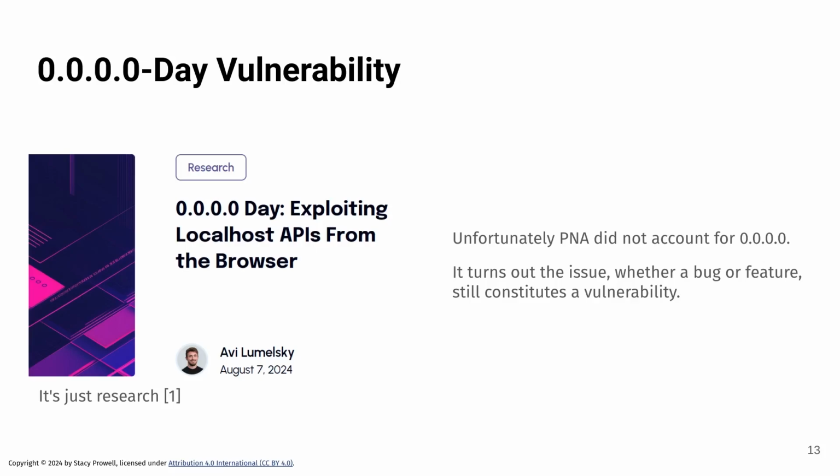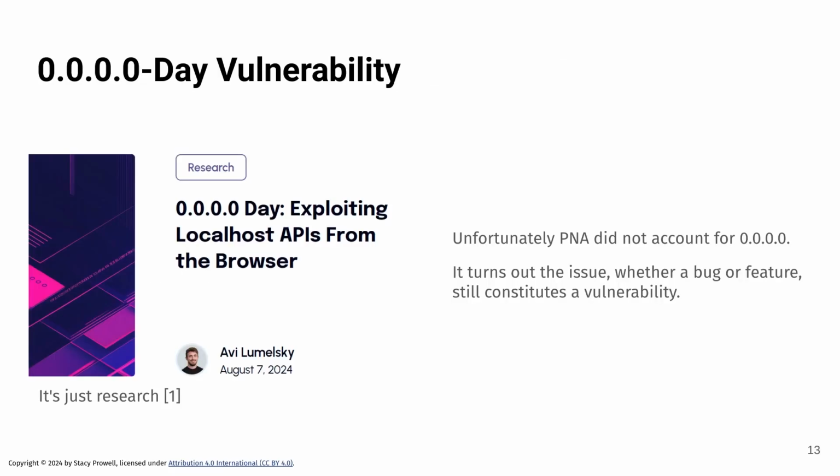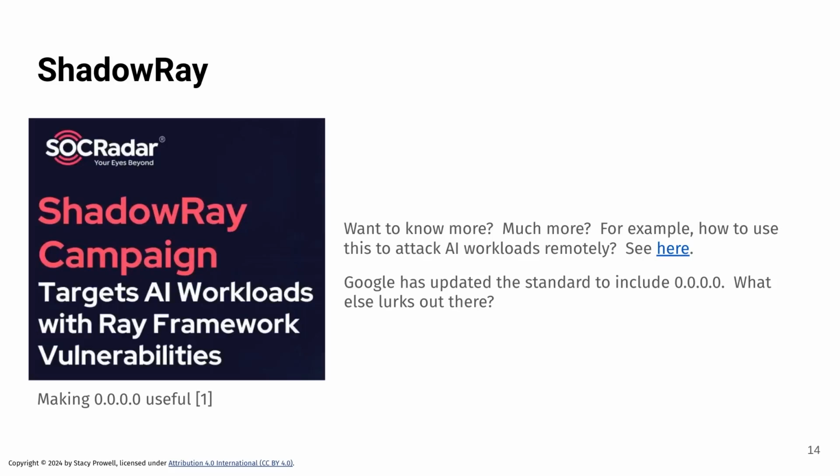And so it turns out the issue was actually a security issue. Was it a bug? Still not sure, but definitely a vulnerability, an exploitable vulnerability. So, would you like to know more?